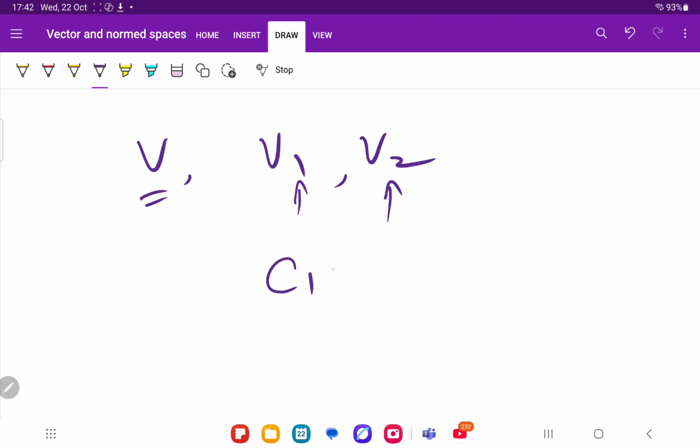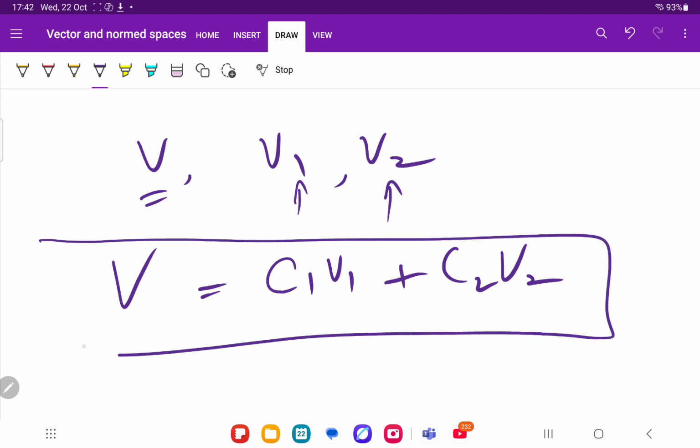Let's say c1 v1, and with vector 2 you will introduce a new coefficient, c2 v2. That is how we would write a linear combination. So we could say that v1 and v2 is a linear combination of v if the values of c1 and c2, whatever values we found, satisfy v. That is how we write the linear combination.